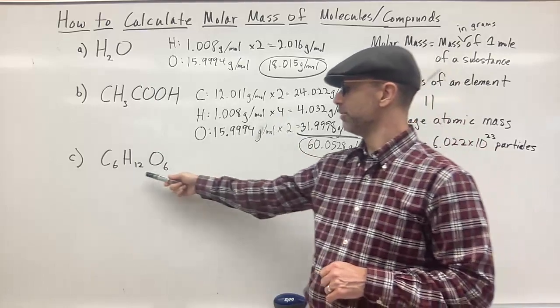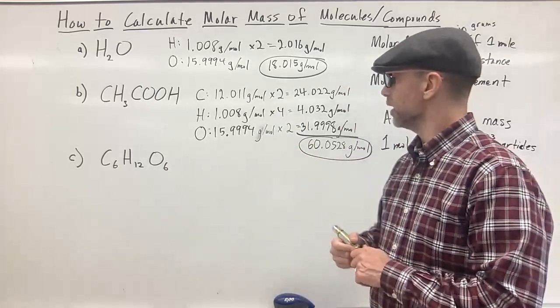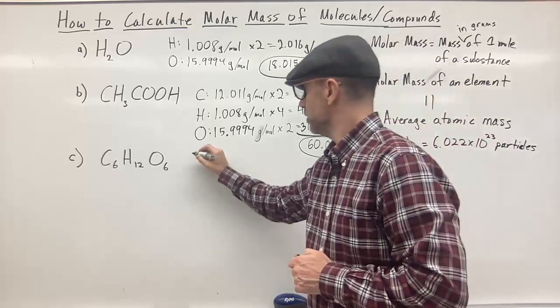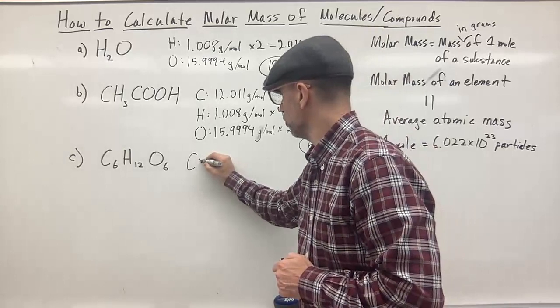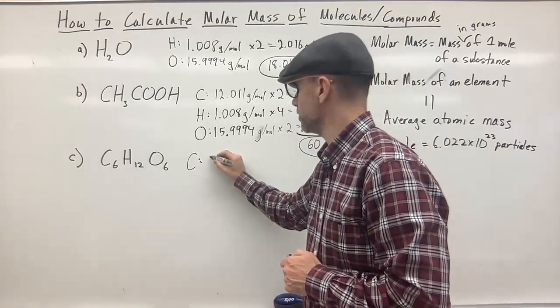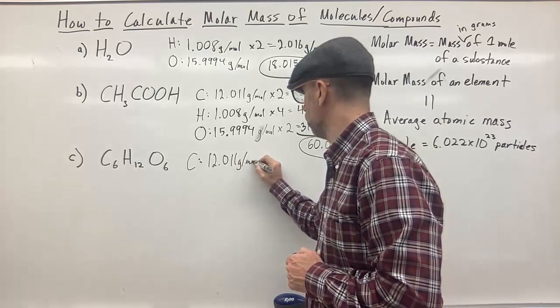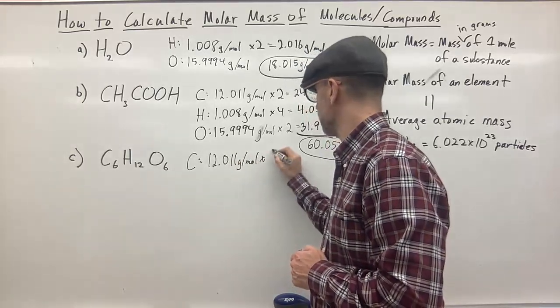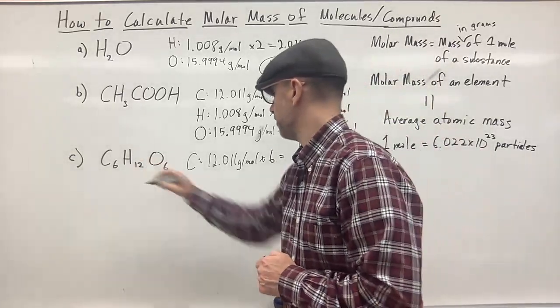So here I have sugar or glucose. So same thing. I have carbon. So carbon, I have 6 of them. Again, it's 12.011 grams per mole times 6. And then I have hydrogen.